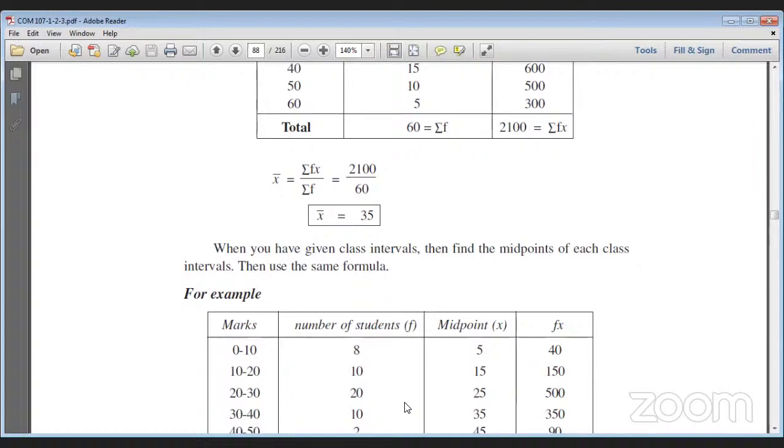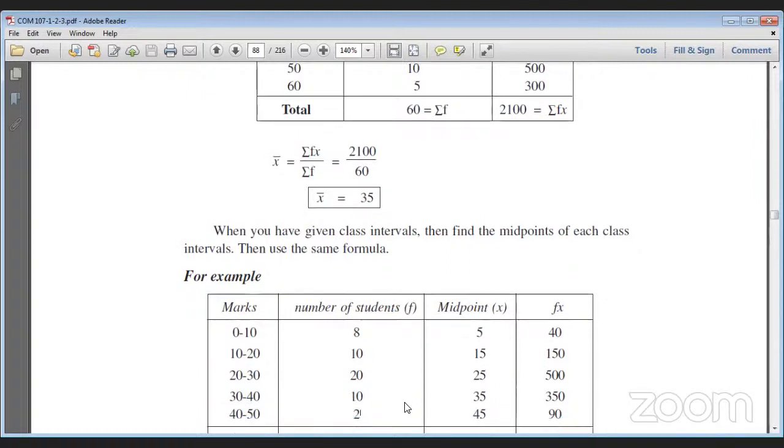Now here you will see that for 10 to 20, the midpoint is 15, and 10 into 15 is 150. Then third, 20 to 30, midpoint 25, multiplied by 20 is equal to 500.